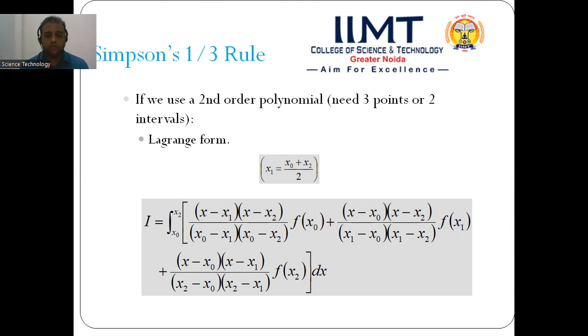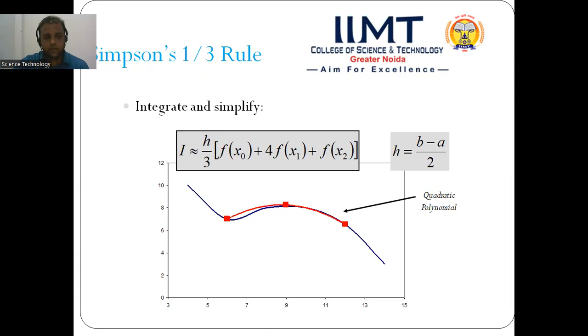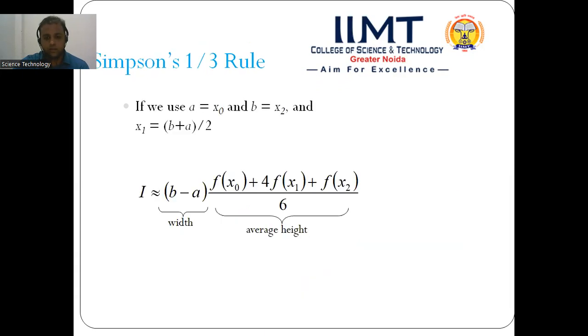We'll first approximate the polynomial using Lagrange's interpolation method, since Lagrange interpolation is used for unequally spaced values. So by using this formula, we can also estimate the Simpson one-third rule, which will produce a quadratic polynomial.